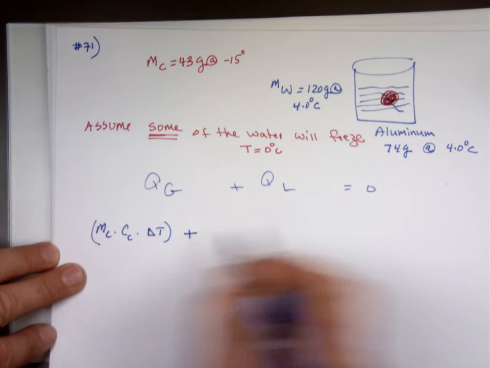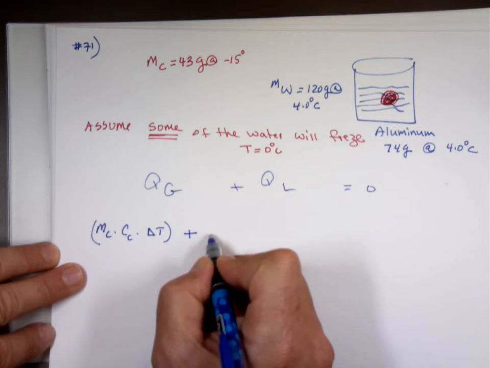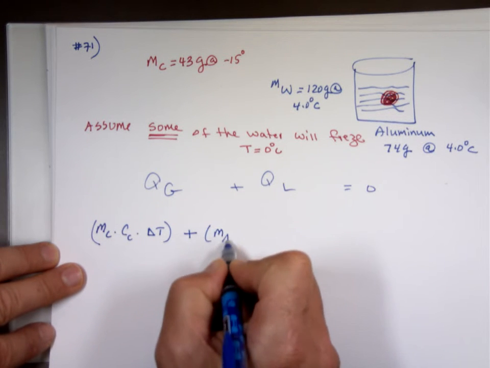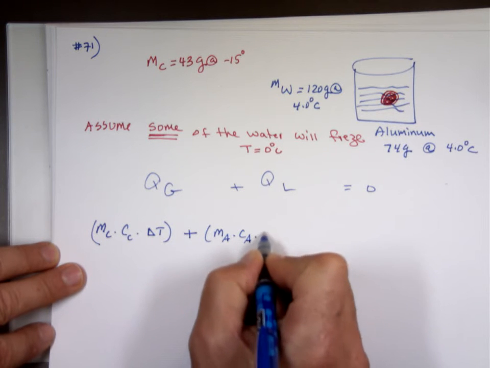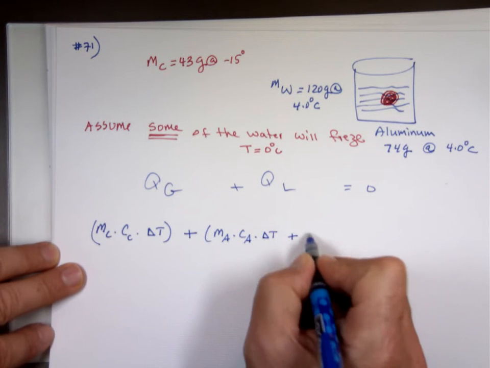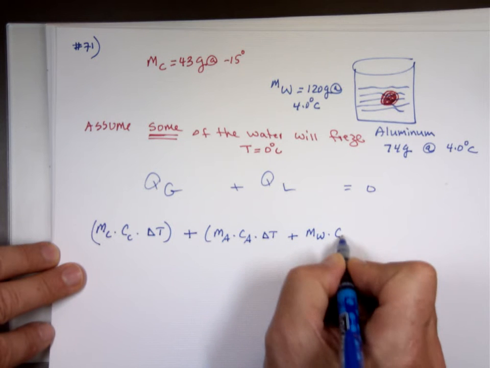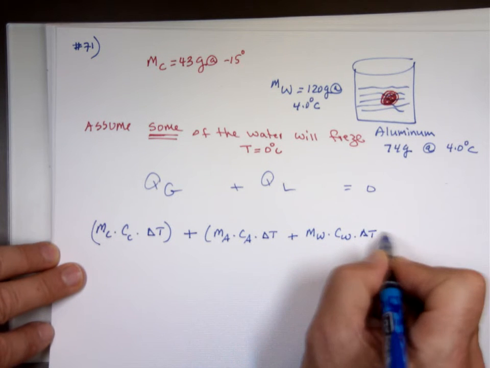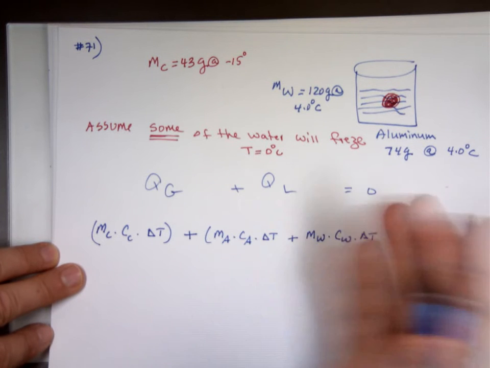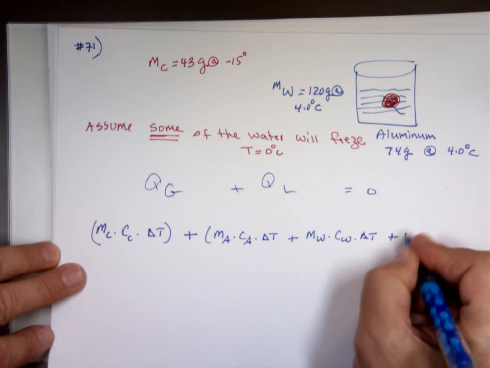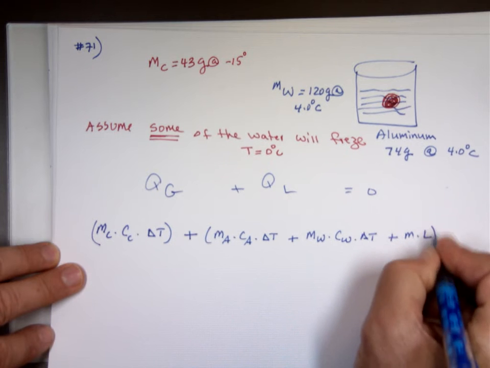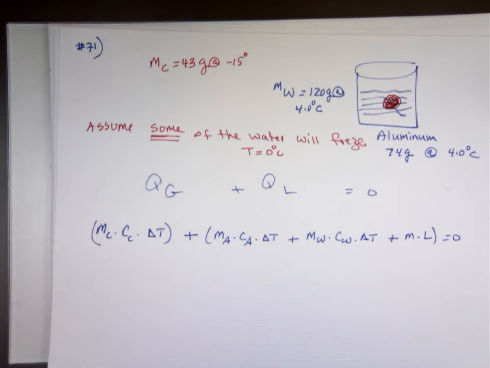Well, the aluminum is going to get to 0 degrees, going to lose some heat. Mass of the aluminum, C of the aluminum, change in temperature, plus the water, mass of the water, C of the water, times change in temperature, plus part of the water is going to freeze, M times L. Part of the water will freeze. To freeze, we have to use change of phase. That's where L comes in, the latent heat.